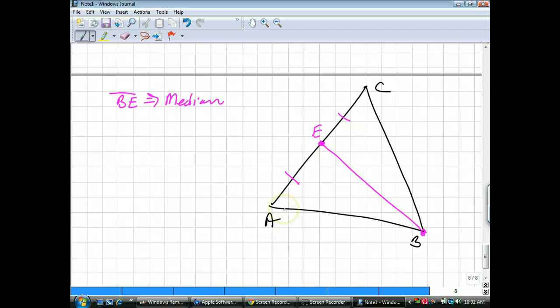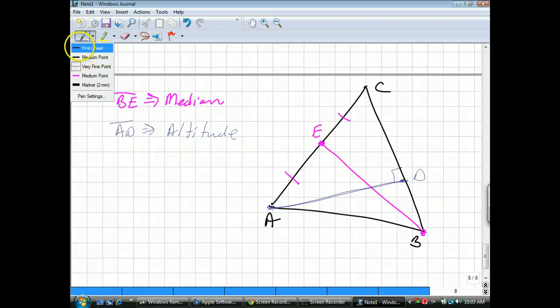Then I have segment AD. AD goes from A, hits segment BC at a right angle. So the best name for segment AD would be an altitude. Okay?